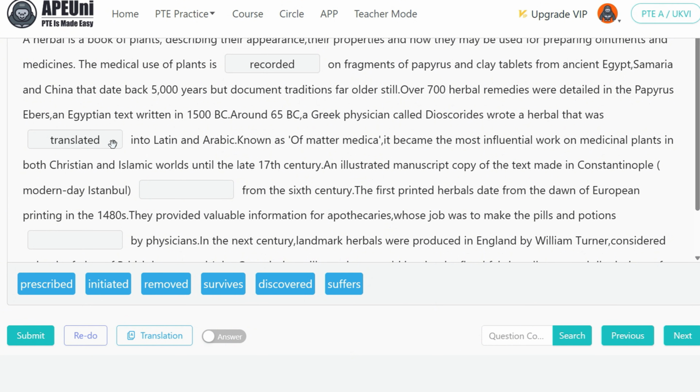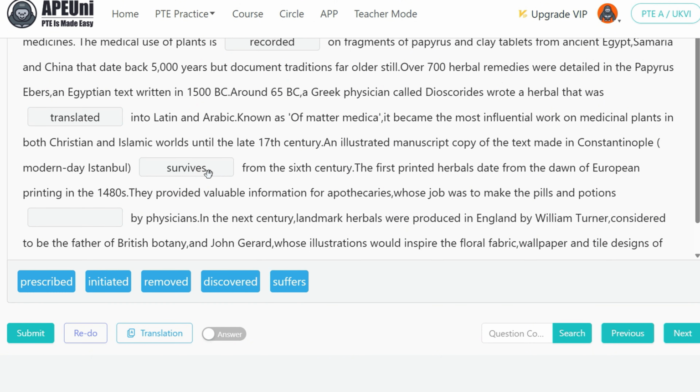Make sense? Let's move to the next one. The next one, we are having an illustrated manuscript copy of text made in Constantinople, modern day Istanbul, dash from the 6th century. The correct option here is survives. Why did we select survives here?